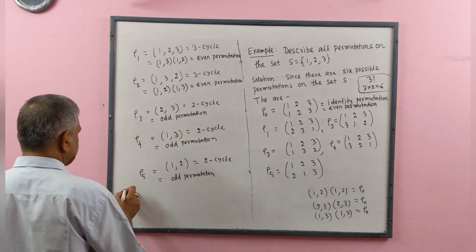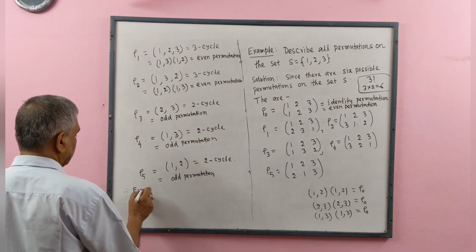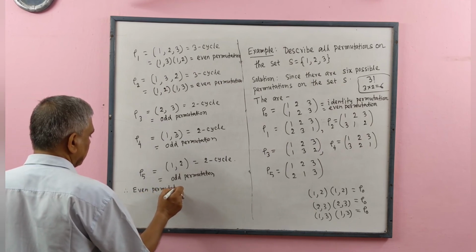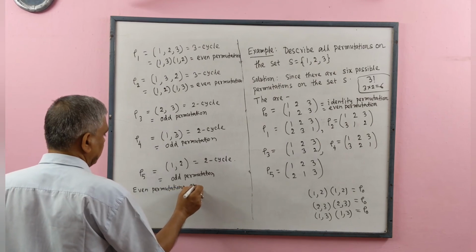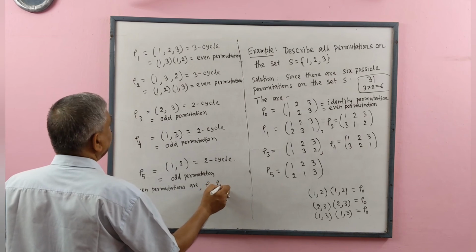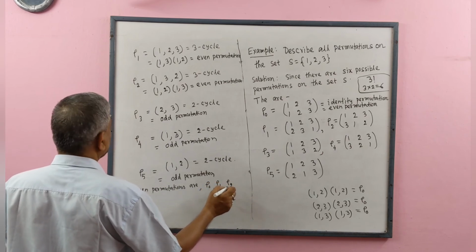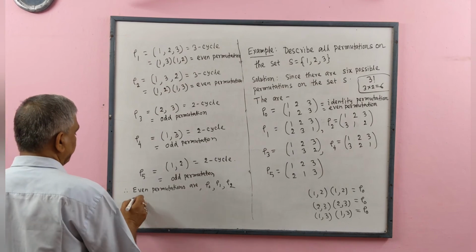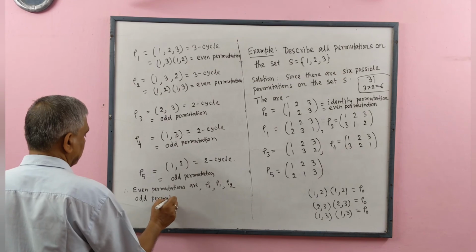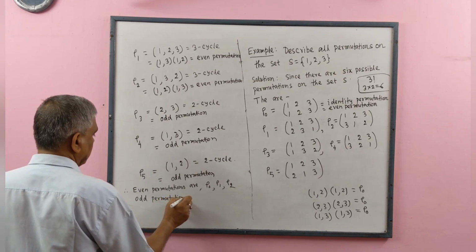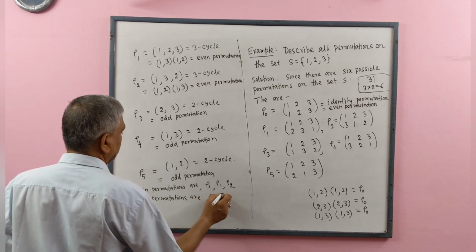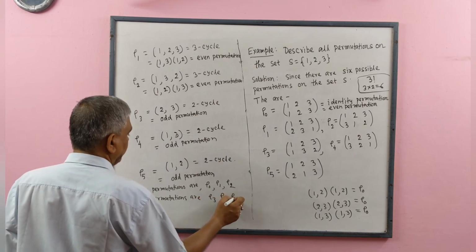So the even permutations are row 0, row 1, row 2, and the odd permutations are row 3, row 4, row 5.